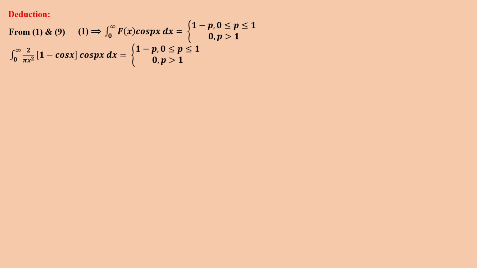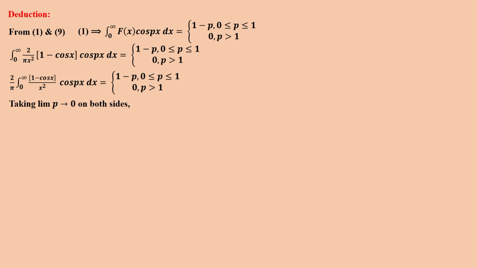So the integral 0 to infinity, where f of x is 2 divided by pi x square into 1 minus cos x, times cos px dx, is equal to 1 minus p, p lies between 0 and 1, and 0, p is greater than 1. That is 2 divided by pi integral 0 to infinity of (1 minus cos x) by x square cos px dx, equal to 1 minus p if p lies between 0 and 1, and 0 if p is greater than 1.